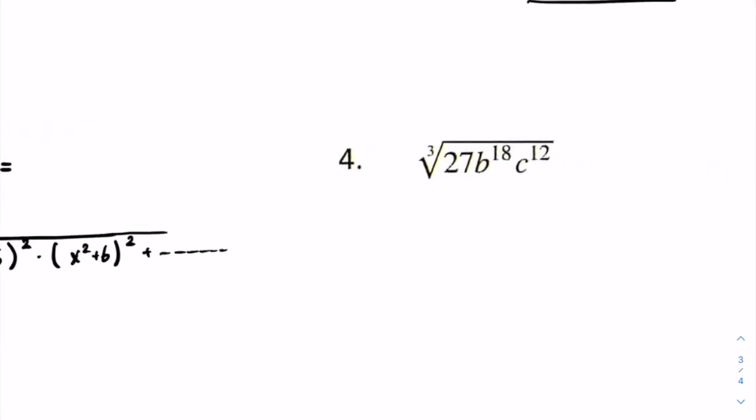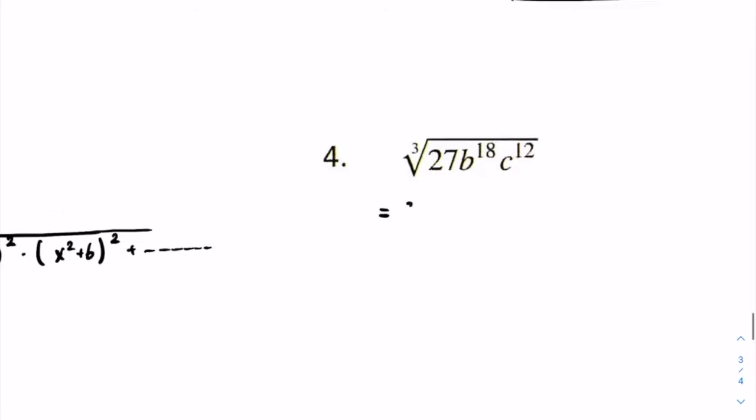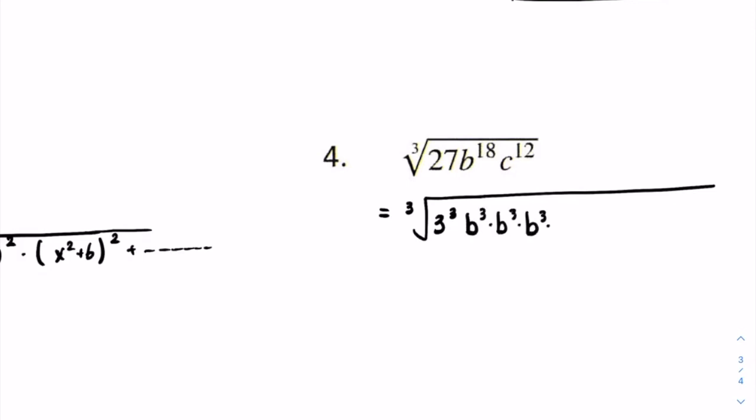Okay, and the last example is a cube root of 27 times b to the 18th times c to the 12th. So we have the cube root. 27 is 3 cubed. B to the 18th, that is 6 groups of 3. And c to the 12th is 4 groups of 3.